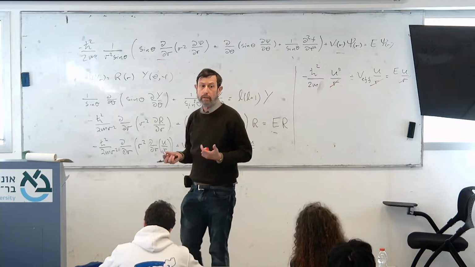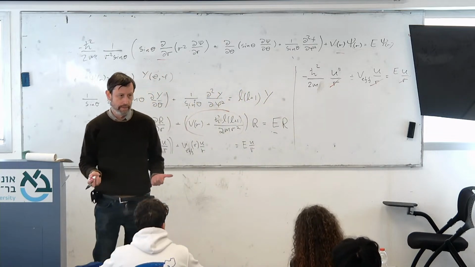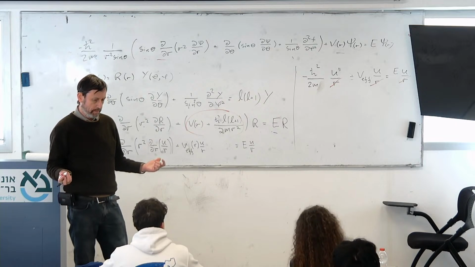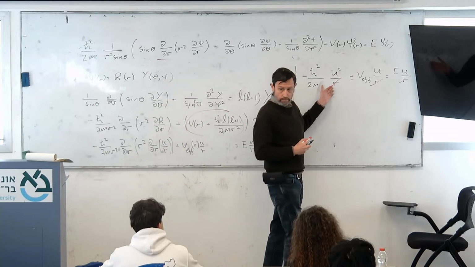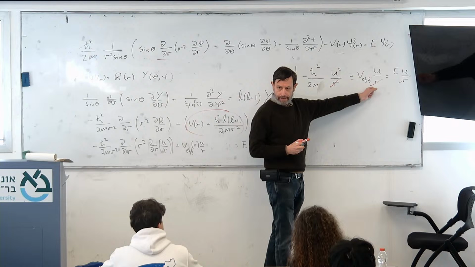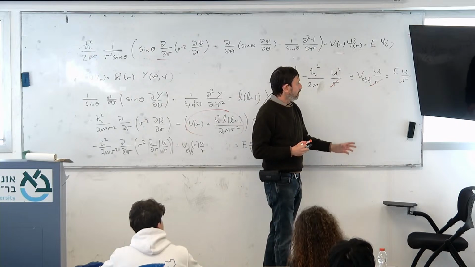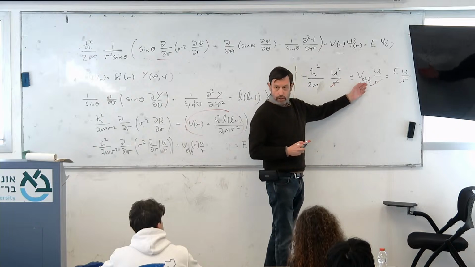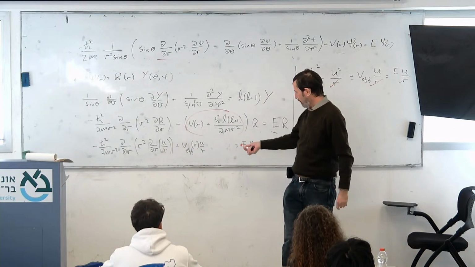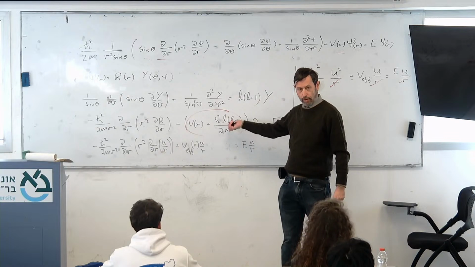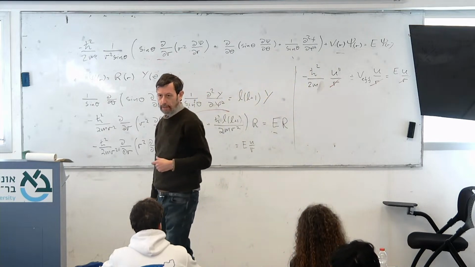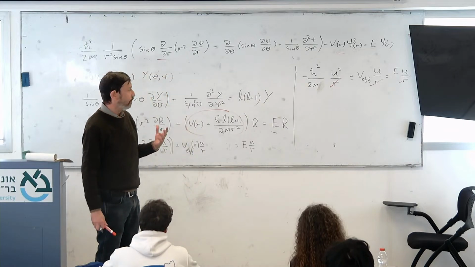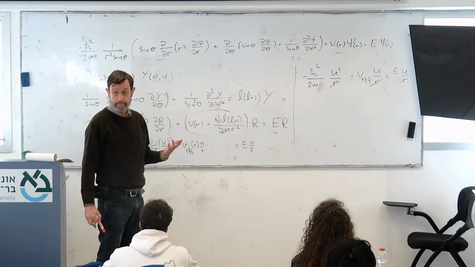And this is a regular one-dimensional Schrödinger equation. We have a kinetic part and a potential part. The potential is a bit strange because we have to write this whole dependence. And there is an additional difference that it's only for r larger than 0.